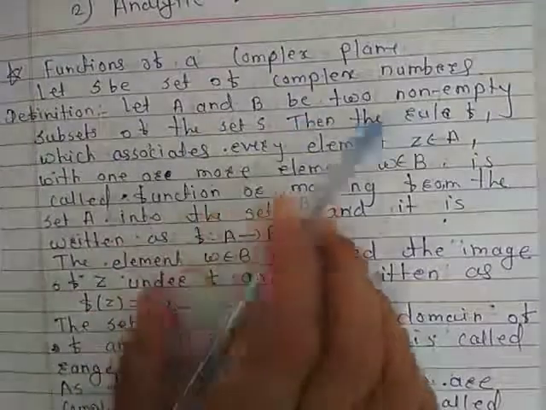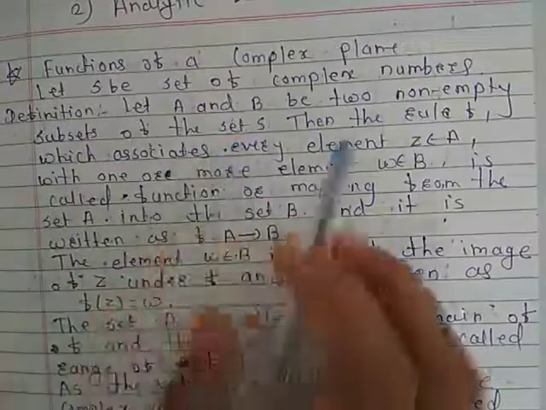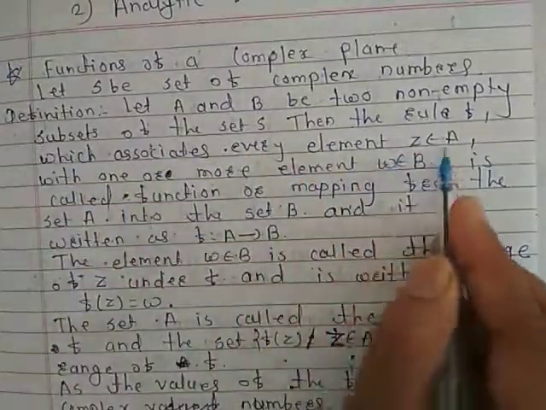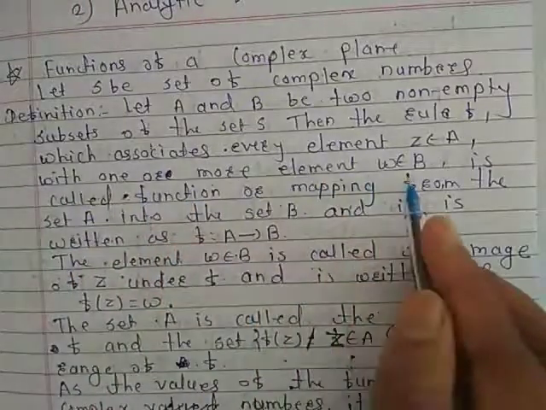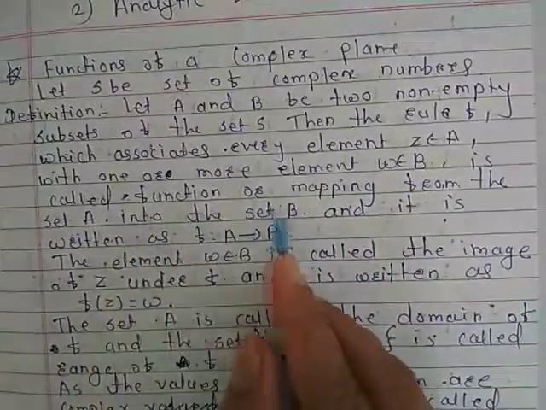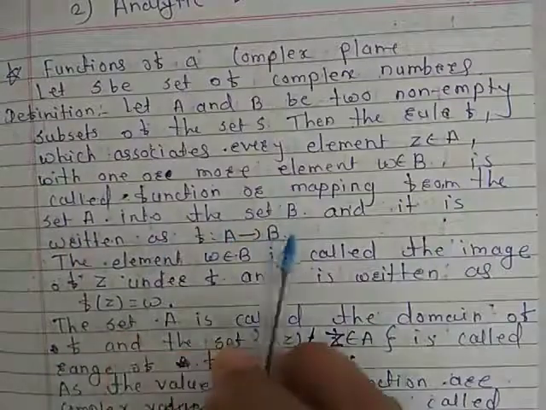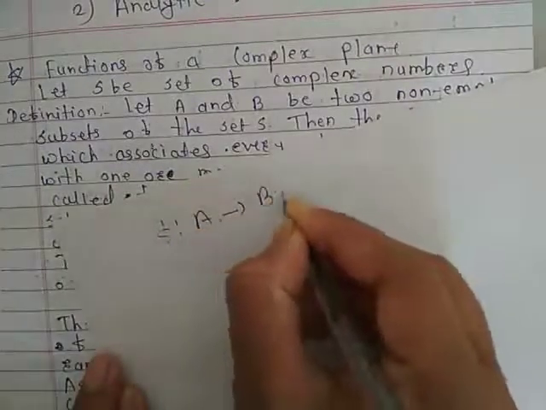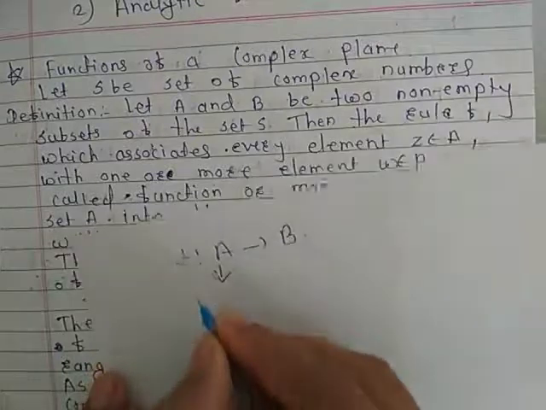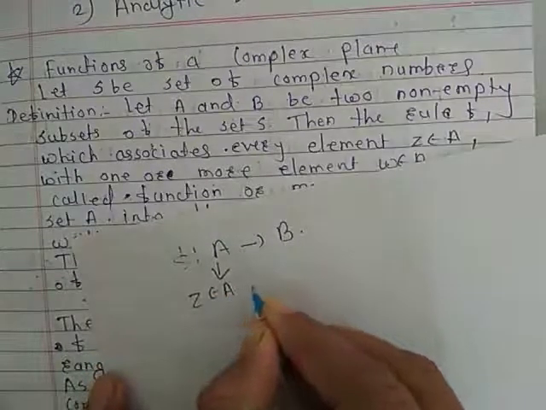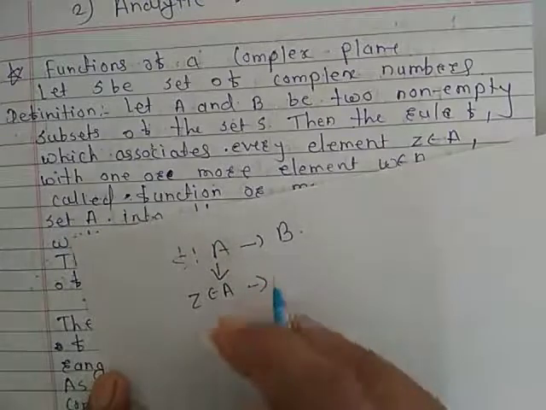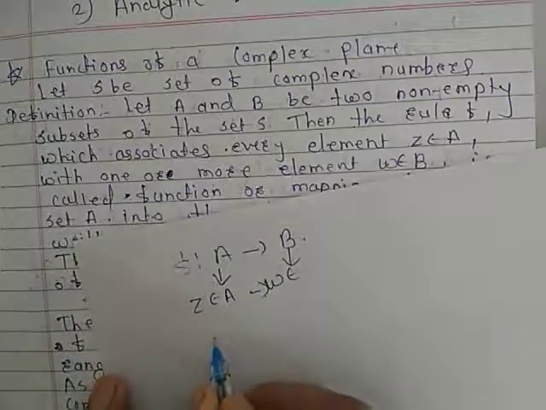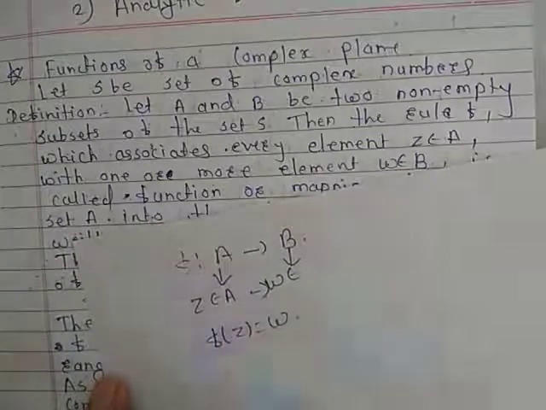Let A and B be two non-empty subsets of the set S. Then the rule f, which associates every element z belongs to A with one or more elements omega belongs to B, is called a function or mapping from set A into set B. Means what? f is a function from A to B if for every element z belongs to A, there exists one or more elements omega belongs to B, such that f of z is equal to omega.